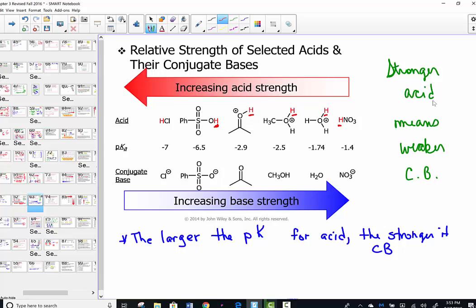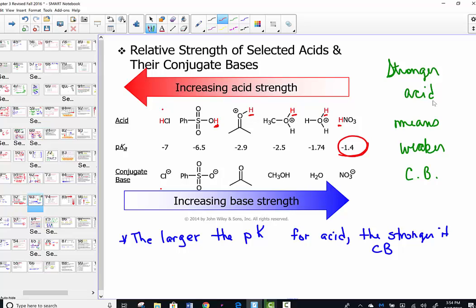A very strong acid, HCl, produces a very weak base, Cl negative. If the acid is strong, it produces a weak conjugate base. The larger the pKa value for the acid, the stronger its conjugate base. The larger number means the least negative, if you will.